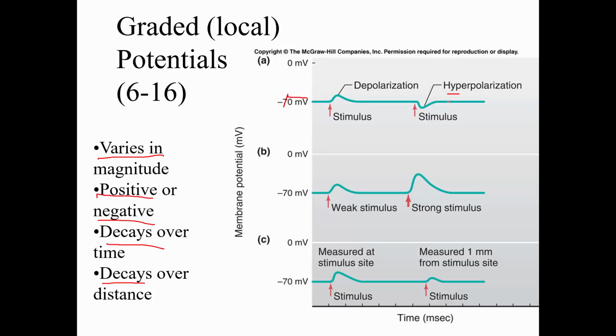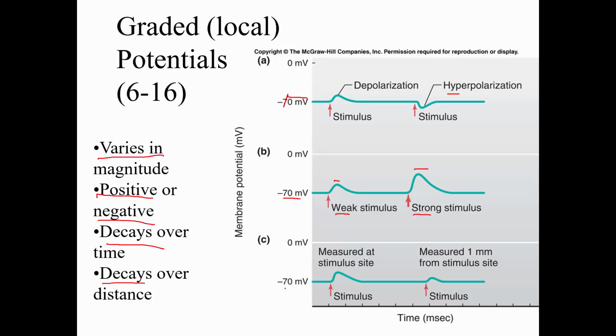It also decays. In our second diagram, we start at rest, and if we have a weak stimulus, we get a little bit of a depolarization, and if we have a strong stimulus, we get a much bigger depolarization. This is the idea that local potentials can be graded. They can be big or small, depending on the size of the stimulus.